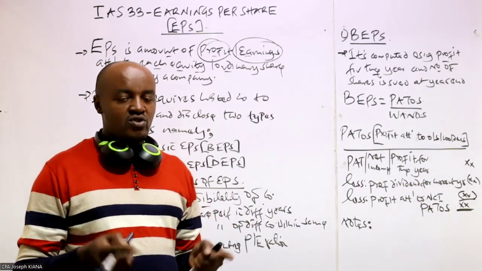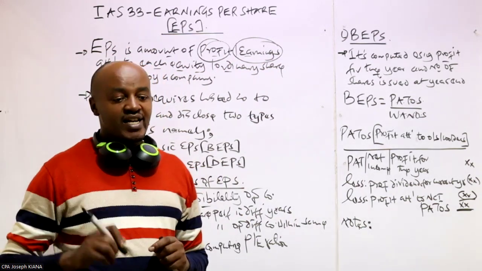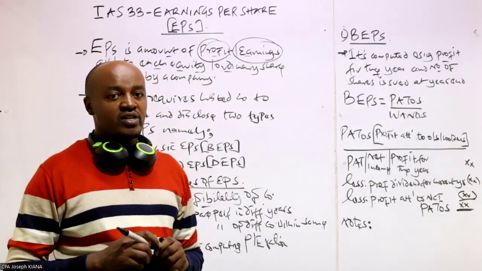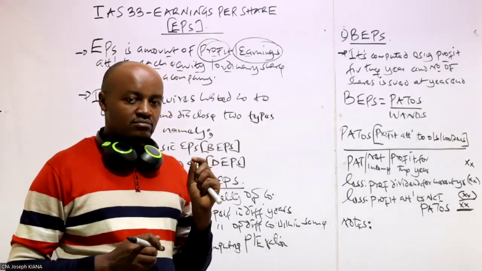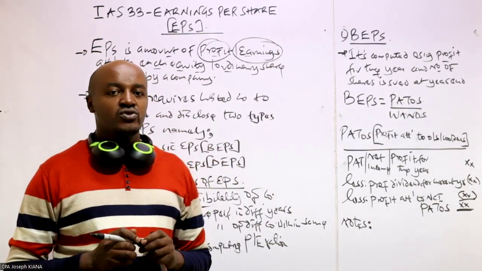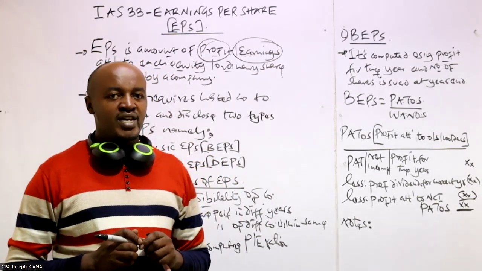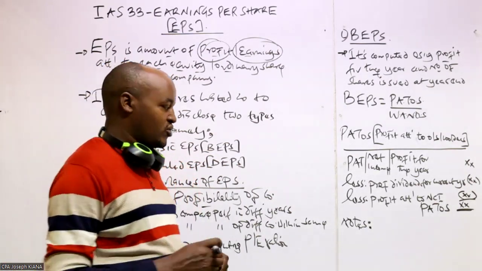So whenever you're computing these PATOS, to that profit for the year, you only less the preference dividends for the current financial year. Number two is that when computing the earnings per share, both the basic earnings per share and also the diluted earnings per share, we use the profit for the year from the continuing operations only.